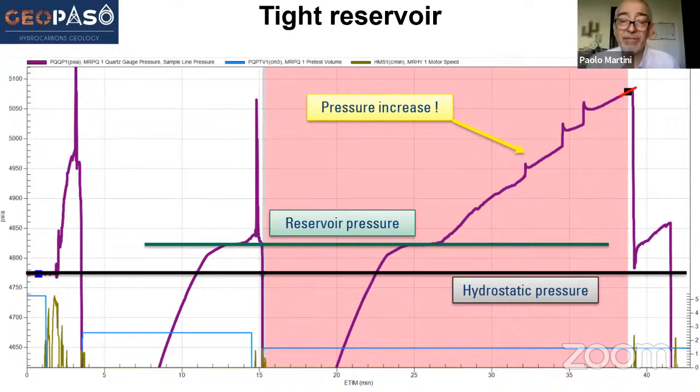it's unlikely that thin layers are hydraulically independent of each other, because the separation between the thin layers is also thin. So normally it cannot hold a high pressure differential.